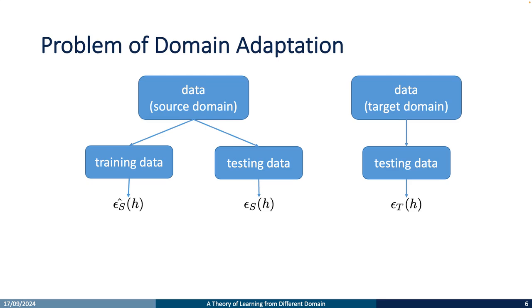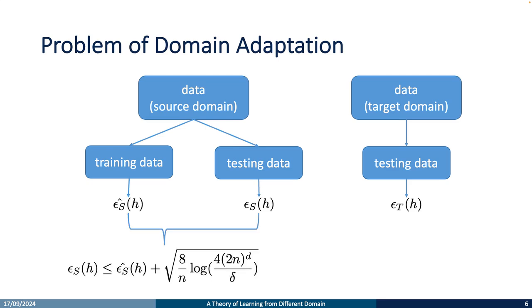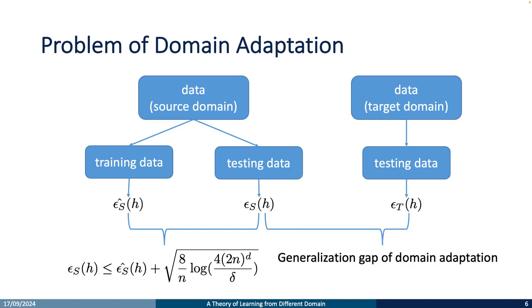This gives us three types of errors: the training error in the source domain, denoted by epsilon hat s, the testing error in the source domain, denoted by epsilon s, and the testing error in the target domain, denoted by epsilon t. When considering the gap between epsilon hat s and epsilon s, we only need the generalization bound for a single domain. However, there remains a gap between epsilon s and epsilon t, which must be taken into account in the generalization bound for domain adaptation.